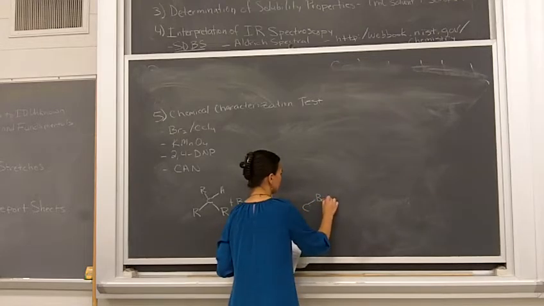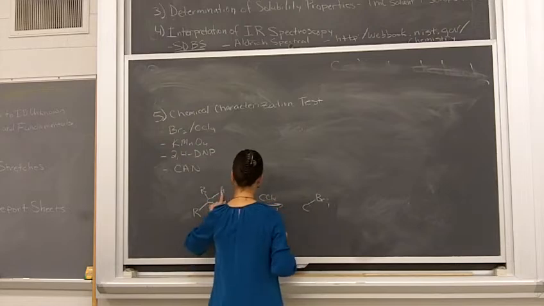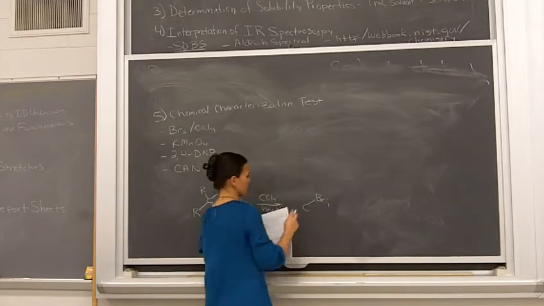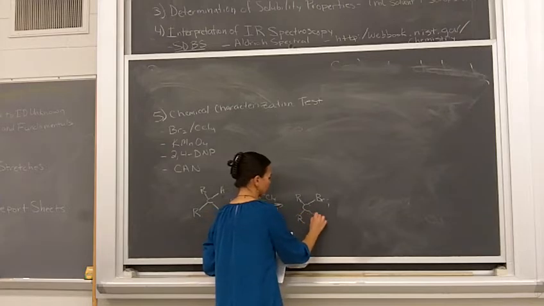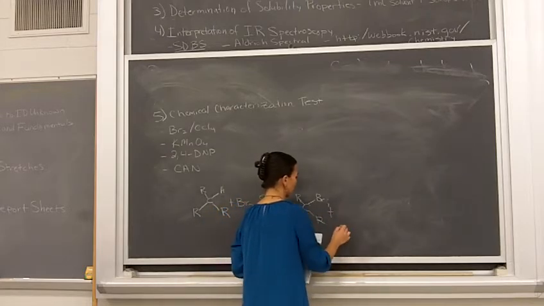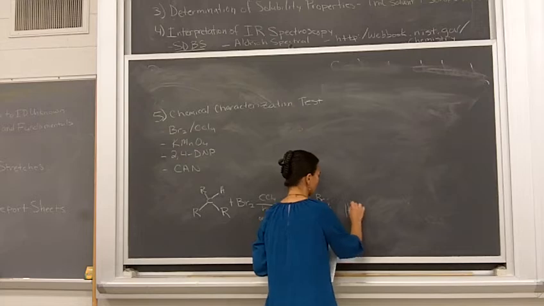You substitute a bromine for the proton, okay? So you brominate this alkane. The other thing that you give off is HBr gas.